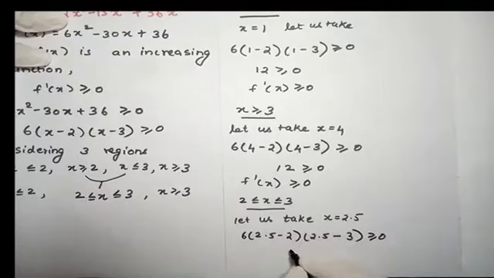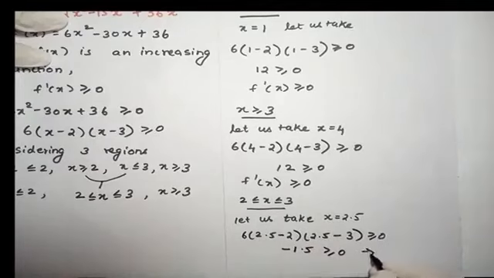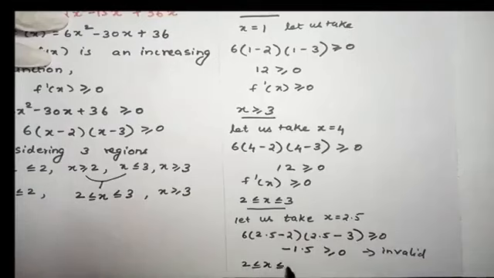But when you multiply, what answer you will be getting? You will be getting minus 1.5 greater than or equal to 0, which is invalid. So this is invalid because a negative number cannot be greater than or equal to 0. So this condition is invalid. So we can't take this region. 2 less than or equal to x less than or equal to 3 is not possible.